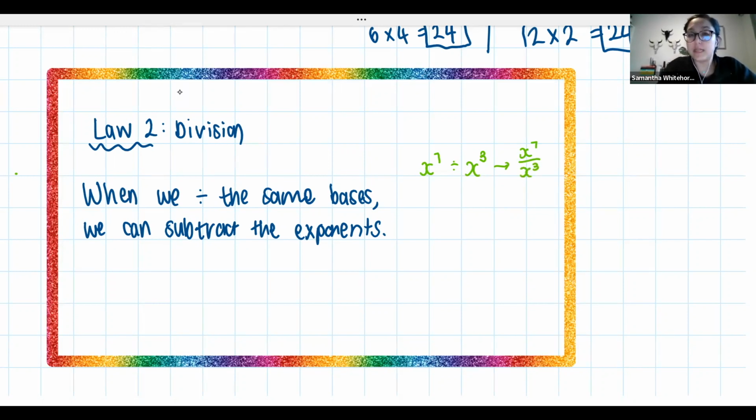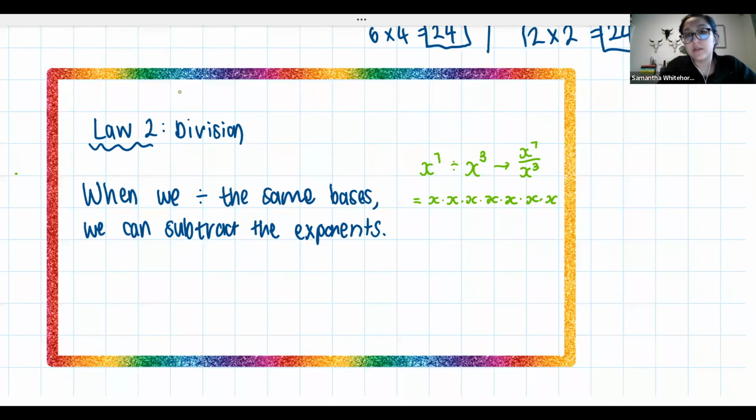Now my rule says, because these bases are the same, I can subtract the exponents. So we'll get to why that is in a second. If I didn't know this law and I asked you to simplify this, we know that technically we could expand both of those. Now, what I mean by expand is I'm multiplying 7 x's in my numerator.